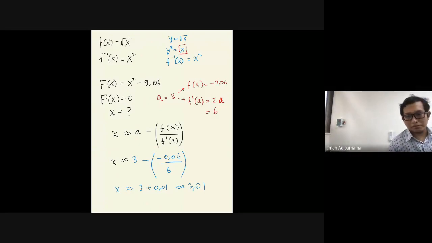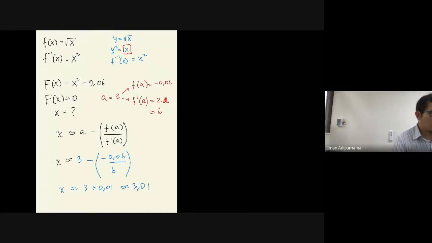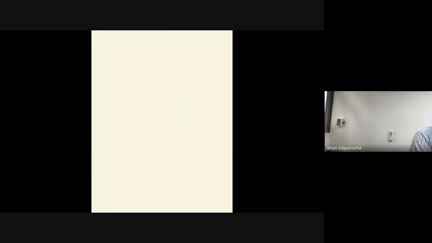Let me go through some examples. Compute square root of 17 using calculus.